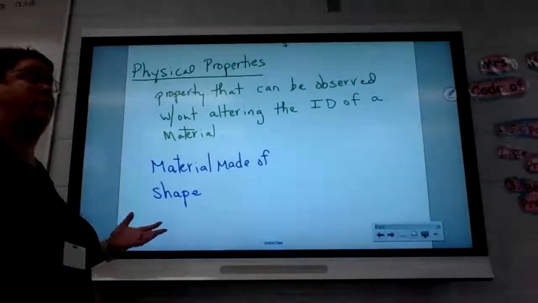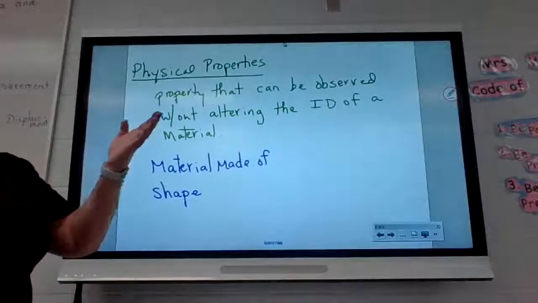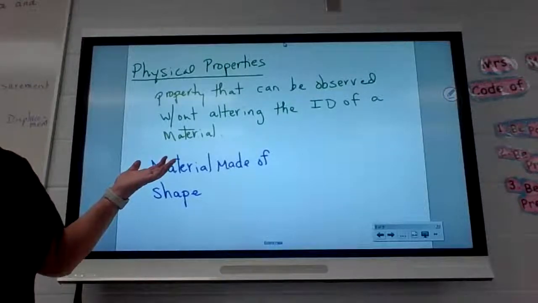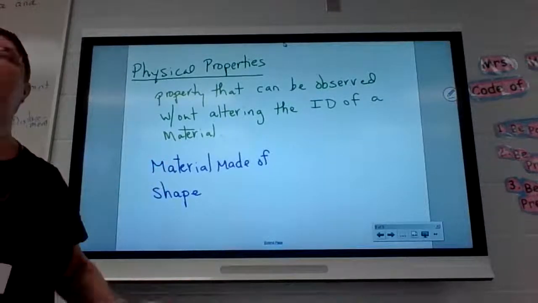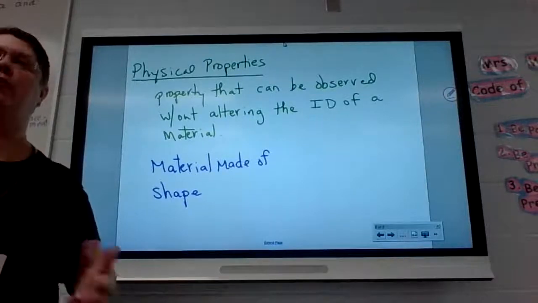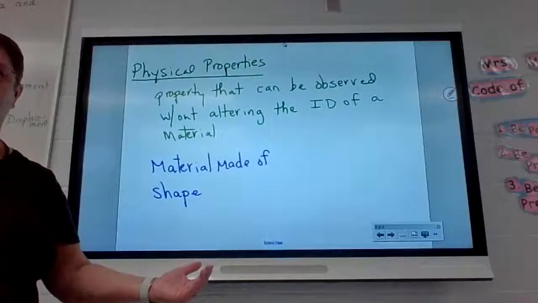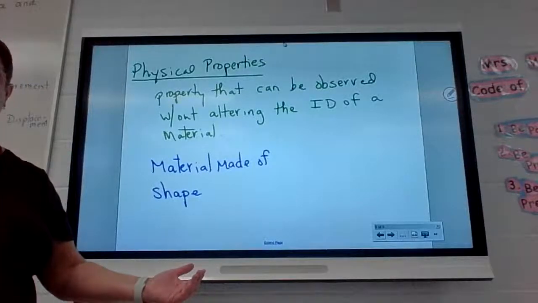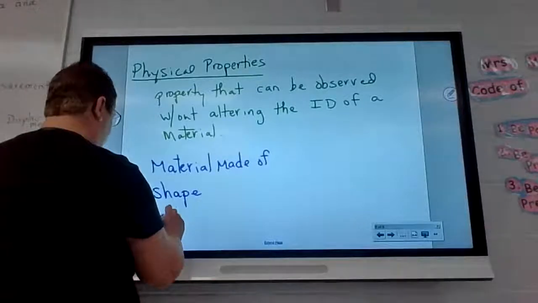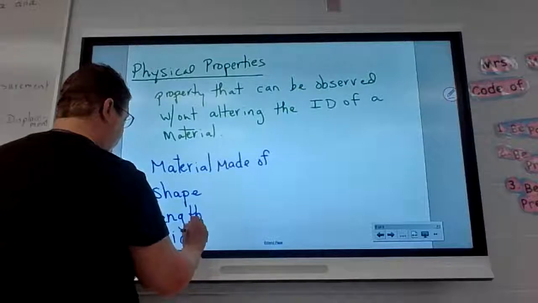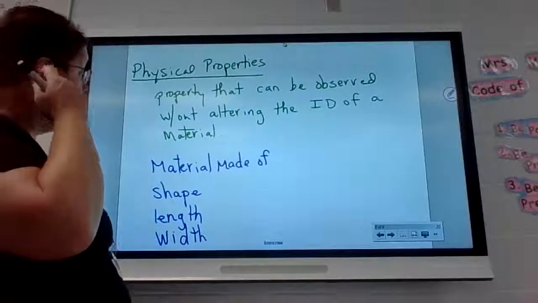Give me some descriptions to describe size that we've learned to measure in the last week. I'm not telling you to give me the measurement. How would we measure? What things have we learned to measure? Okay, length, width. What else? Height.